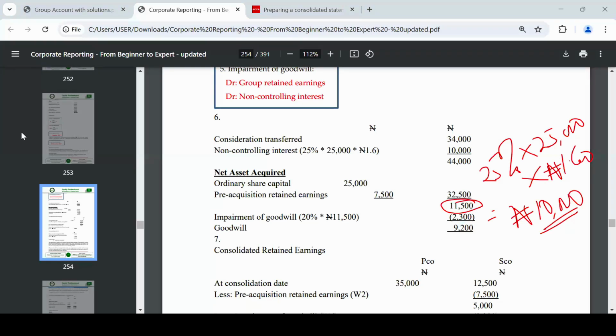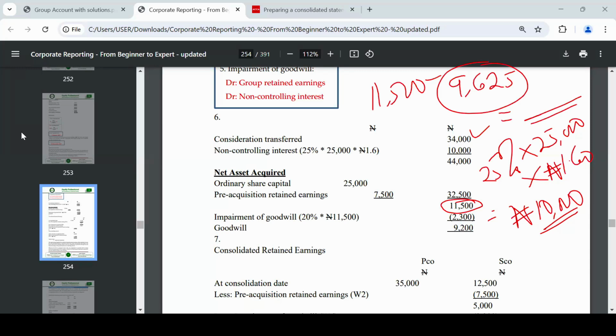Okay. Now, the goodwill we have at acquisition date is an amount 11,500. Now, what we calculated the other time was only 9,625 because it's the same 34,000 naira consideration. Now, what it means is that when I calculate 11,500 minus 9,625, what I get is an amount 1,875.